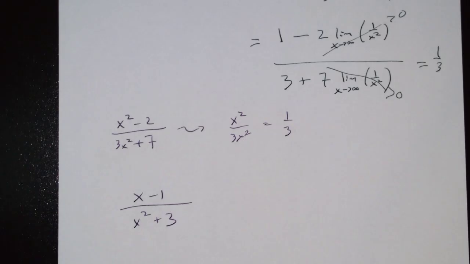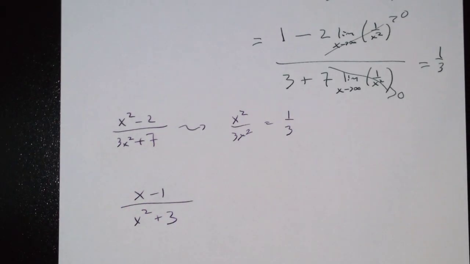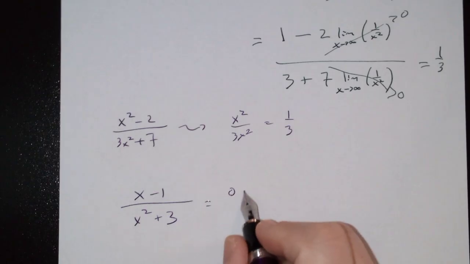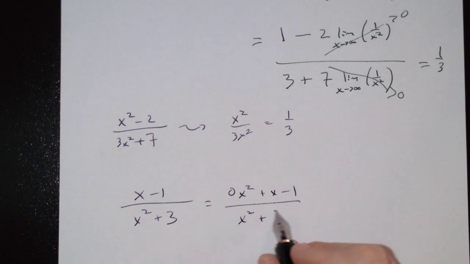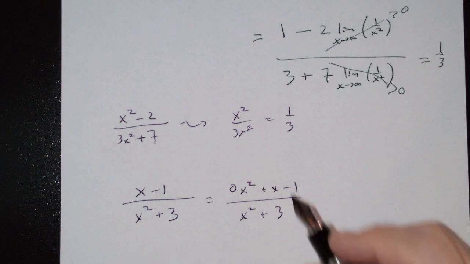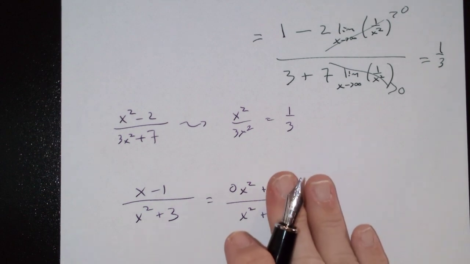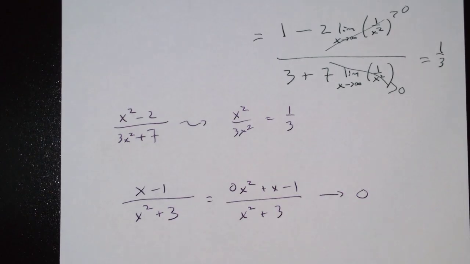The highest power is x squared. How many x squareds are up here? There are 0 of them. So let me actually write it like that. Right? And now if only the highest powers matter, what answer am I going to get out? 0 divided by 1 is just 0.